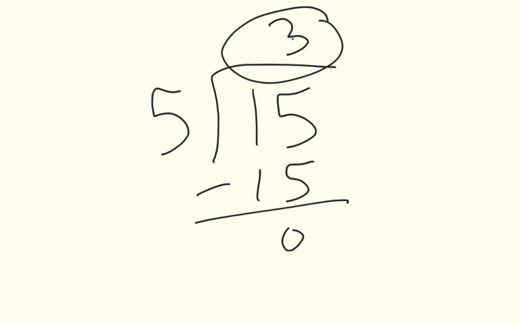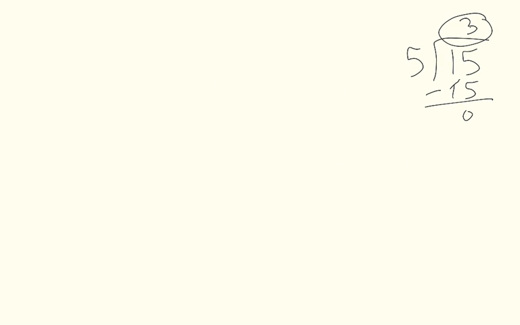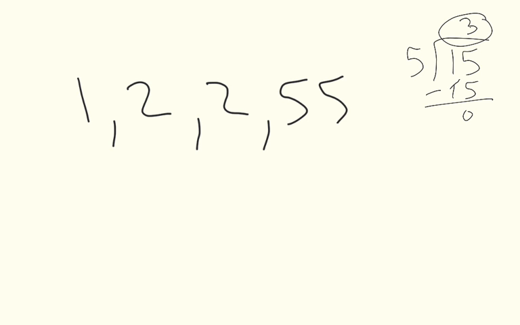Now what's interesting about that is in our data set, there isn't even a 3, is there? It doesn't even come up. But yet the average, or the mean, is 3.